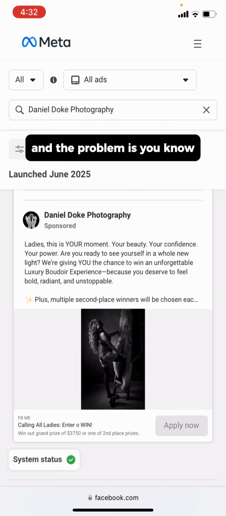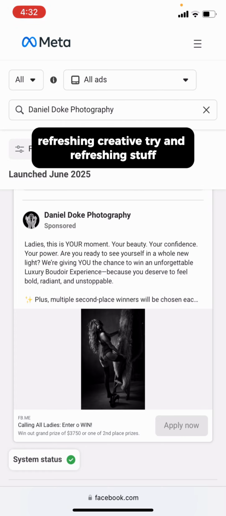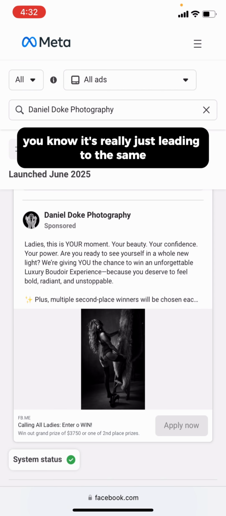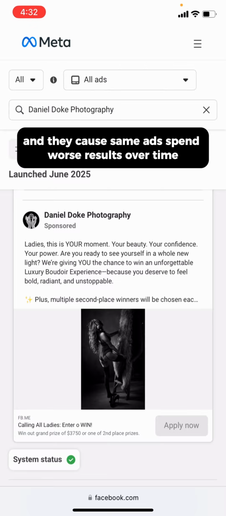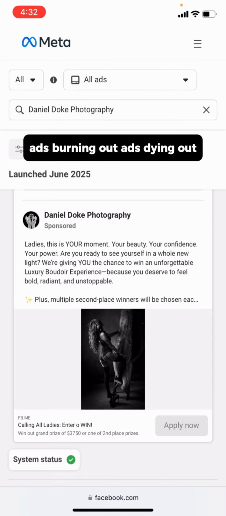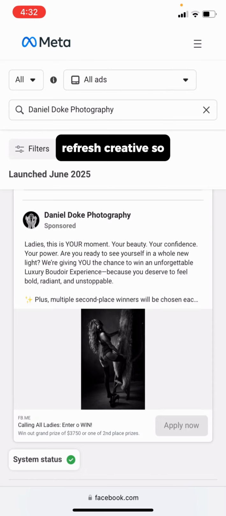The problem is, refreshing creative is really just leading to the same results. It's not solving the root cause issues, and the root cause issues are the 10 mistakes I'm going to talk about today. Here's why the 10 mistakes matter, and why they cause same ad spend, worse results over time, ads burning out, ads dying out, and the need to refresh creative.